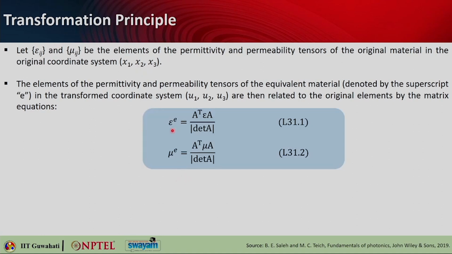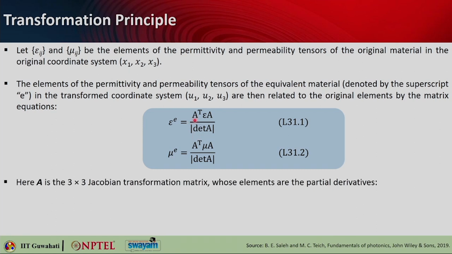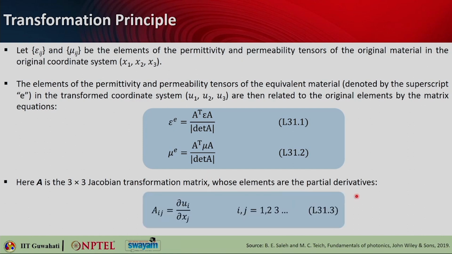So, you can obtain the equivalent material's permittivity and permeability tensors. You can see here that you require a matrix A, and this matrix A is a 3 by 3 Jacobian transformation matrix. And what are the elements of this matrix? The matrix elements Aij are nothing but the partial derivative of ui with respect to xj, where i and j are basically 1, 2, 3.